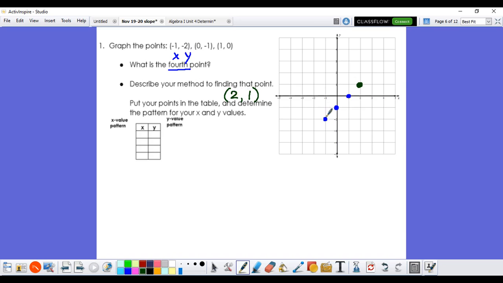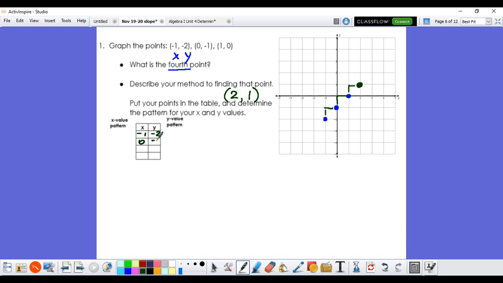I hope that you got that by noticing that it was up 1 over 1, up 1 over 1. So you go up 1 over 1 to the next point. You can also use your table to look at that pattern. So I'm going to put my points. -1, -2 is the first point.